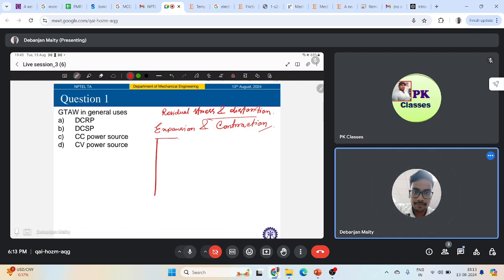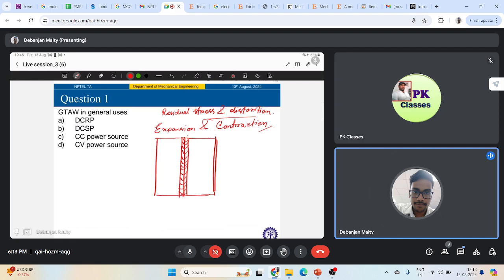So let us consider a rectangular bar, something like this, and let's say this is my welding region. Let us consider that this rectangular bar is uniformly heated and cooled.